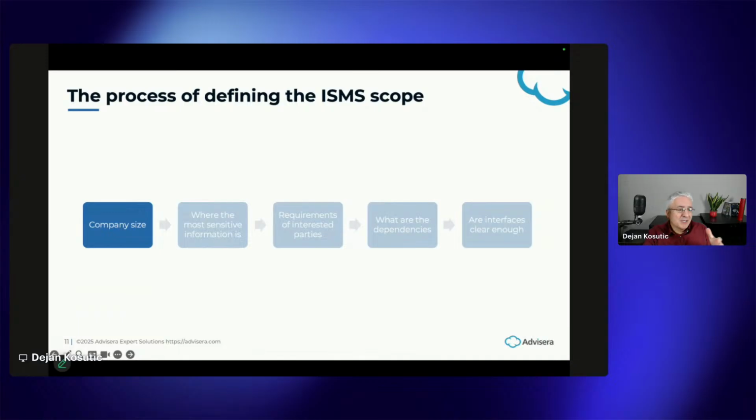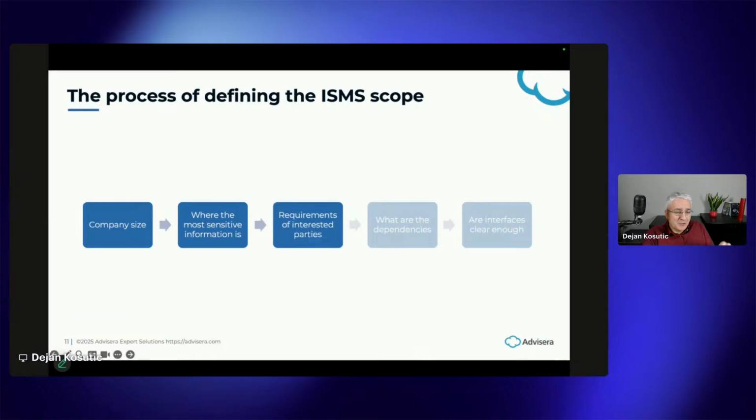Anyway, company size, smaller or larger than 50 employees, is, let's say, the first criterion there. If you're smaller than 50, then you go for the whole scope. But if you're larger than 50 employees, then you should consider where your more sensitive information is. In the case of a pharmaceutical company, this might be the R&D scope.